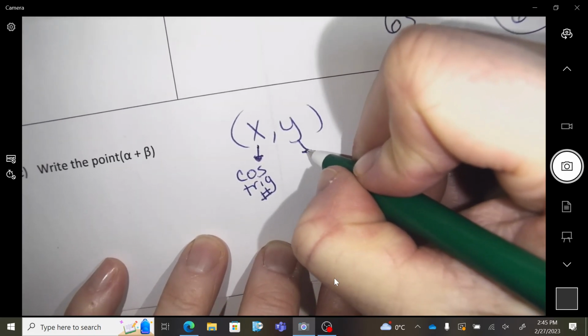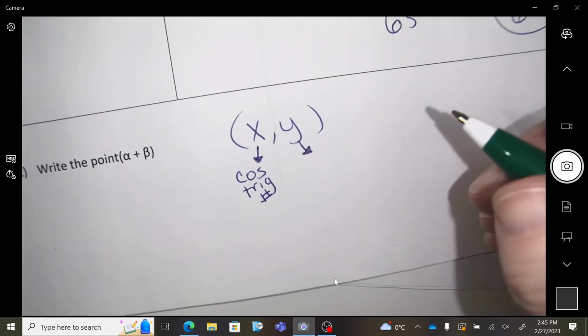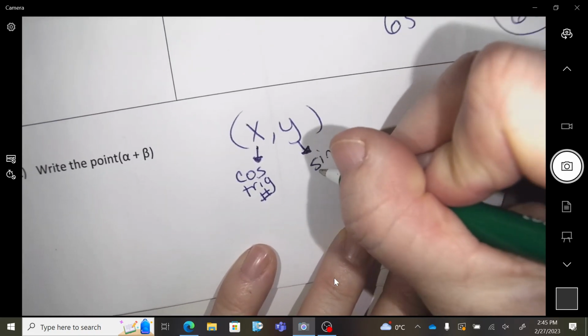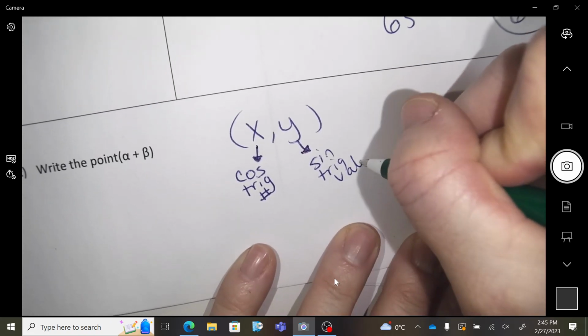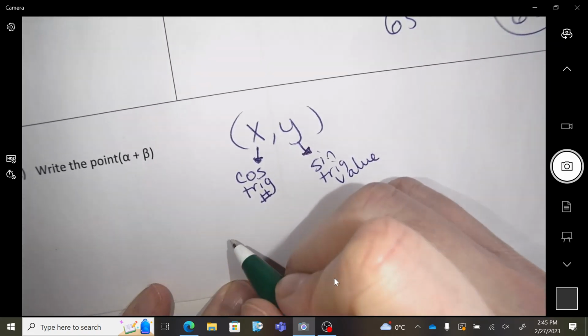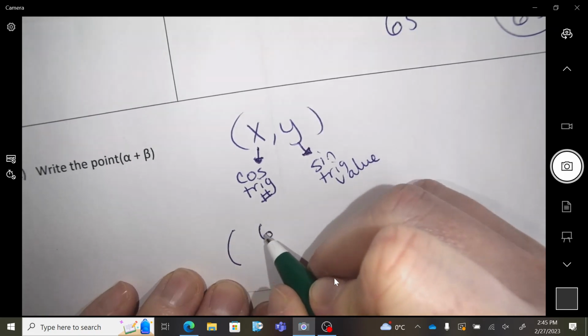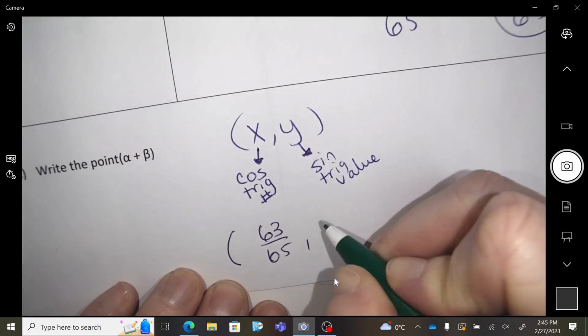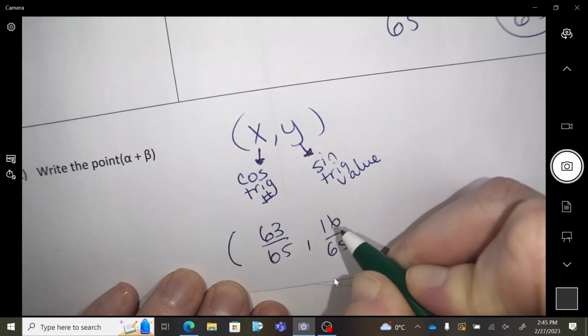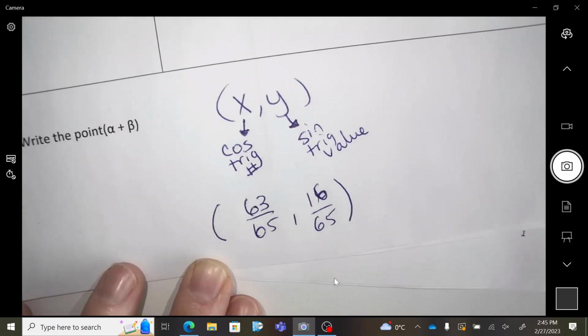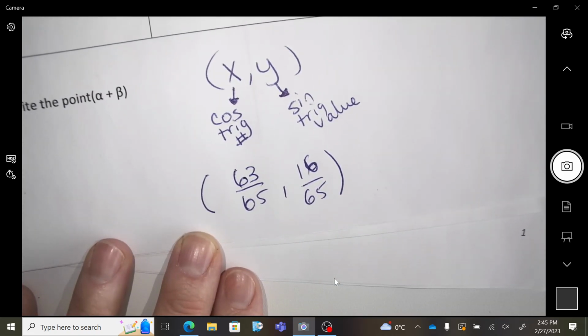And how do you get a y value when you look at trig? You look at the sine trig value. So this would be the coordinate, and that's the point, the coordinate of the actual point.